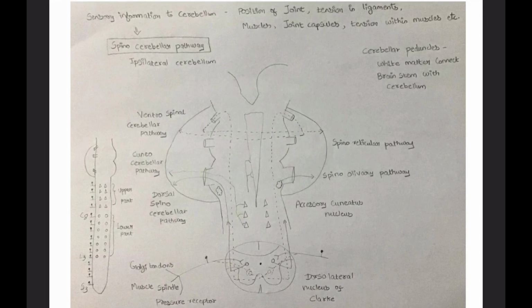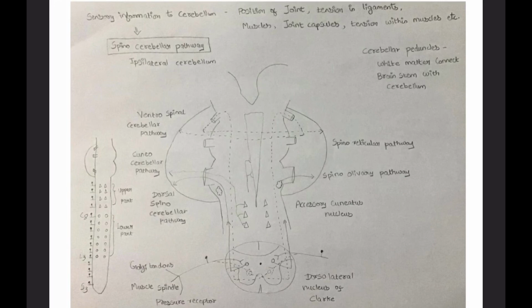The dorsal column, you know, is related with the sense of position, that is the external position of your hands, legs and your head. You know the position and you are aware when you are walking, sitting or running. But what about the position of your knee joint, the tension in the ligaments, the tension within the muscles, and the position of the joint capsules and your muscles?